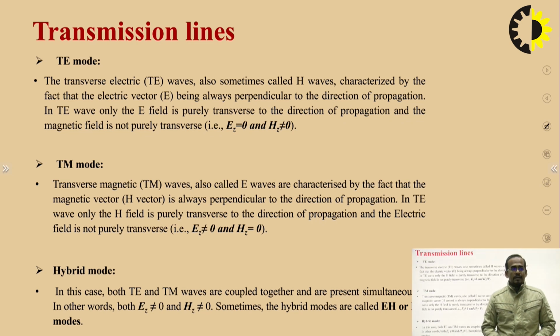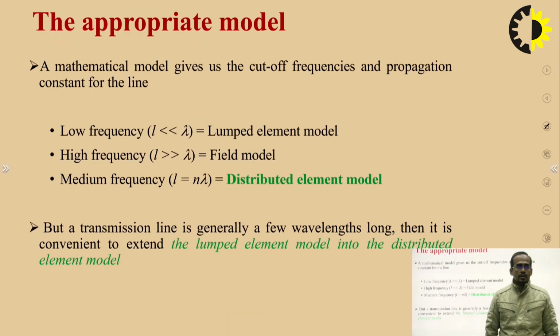So these are the modes of a transmission line, and this is how we define the TE mode, TM mode and hybrid mode. Now what is the appropriate model? This has already been discussed by me: how we make a model using the transmission line. A mathematical model gives us the cutoff frequency and propagation constant for the transmission line.